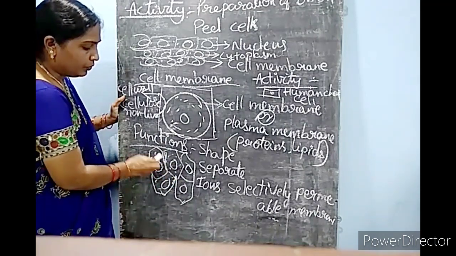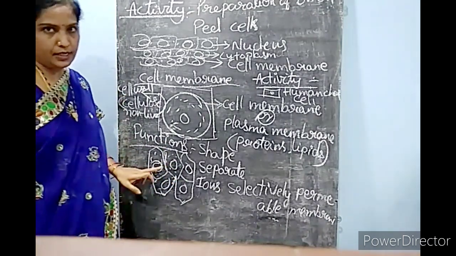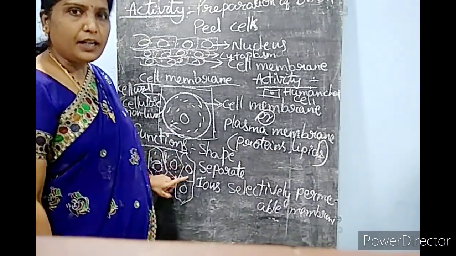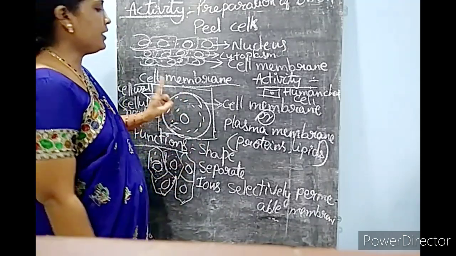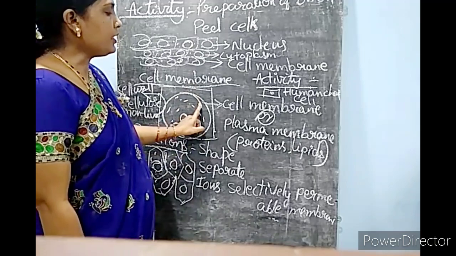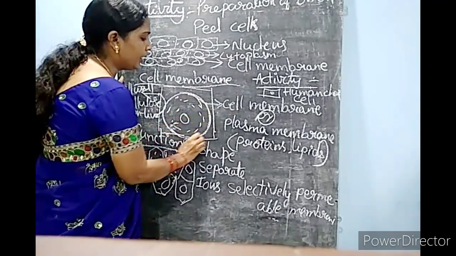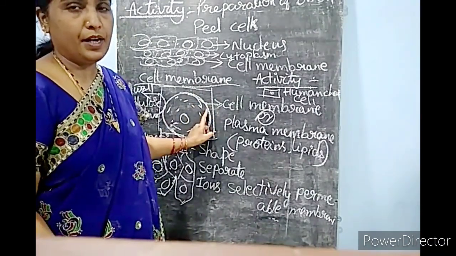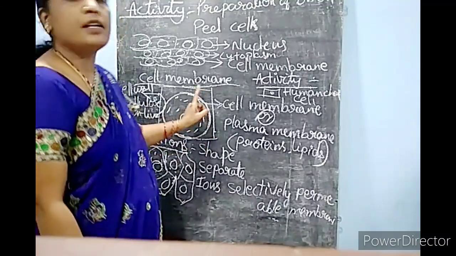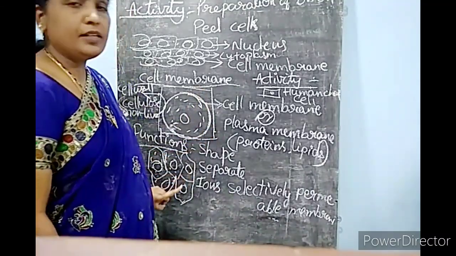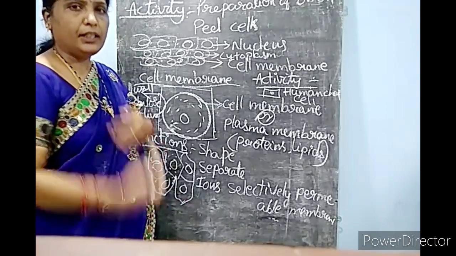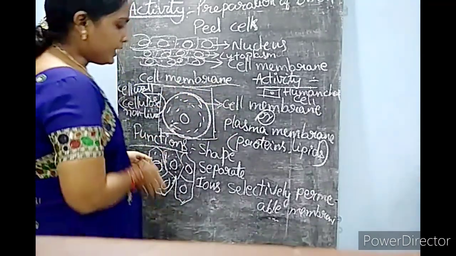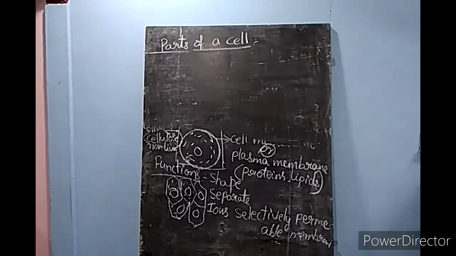Each cell will have the cytoplasm and the nucleus, but the difference is that the human cheek cells do not have a cell wall, whereas when you observe the onion peel cell, outside the cell membrane you can also see a wall known as the cell wall. This cell wall is absent in human cheek cells. So that is the difference between an animal cell and a plant cell. And next we will move on to the next topic.